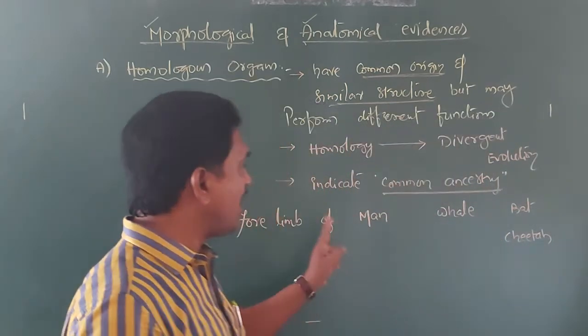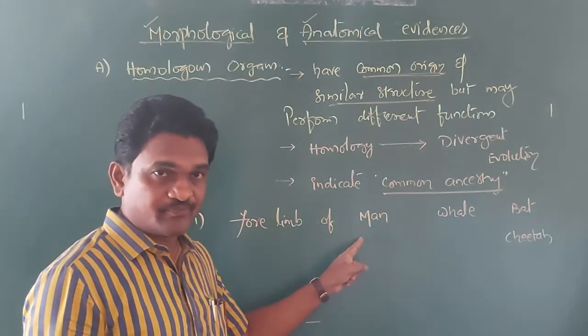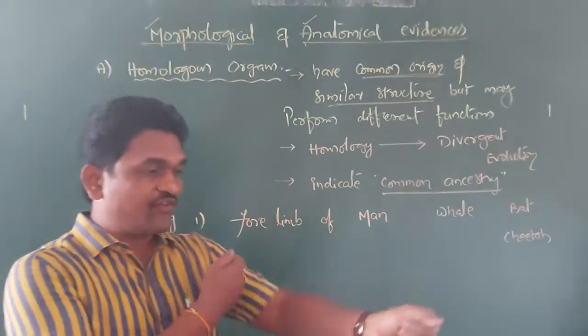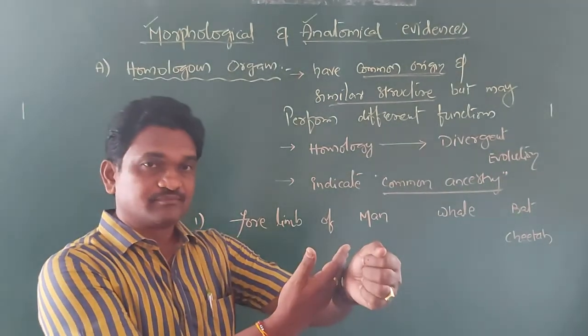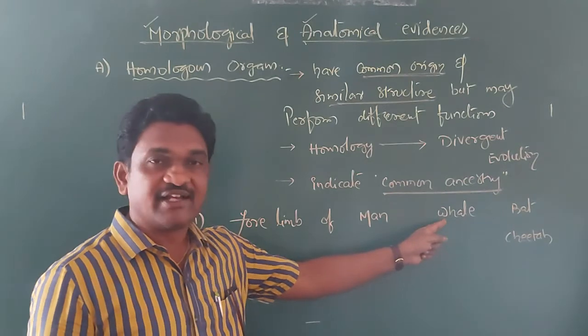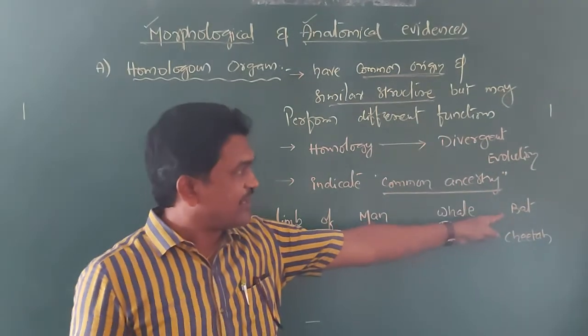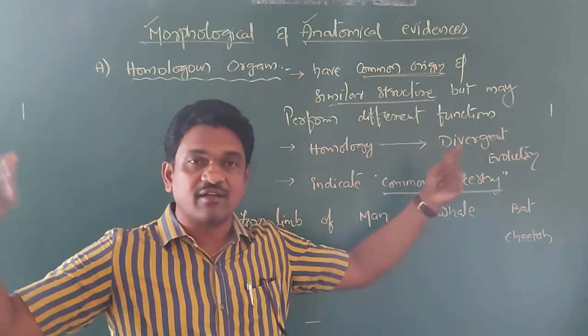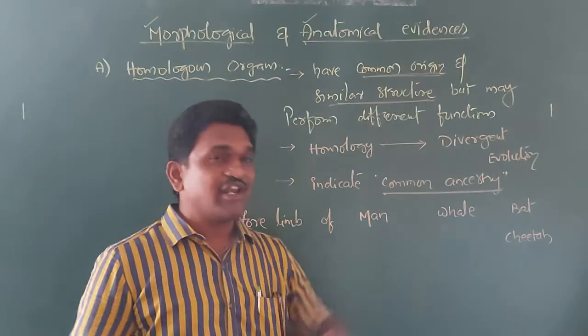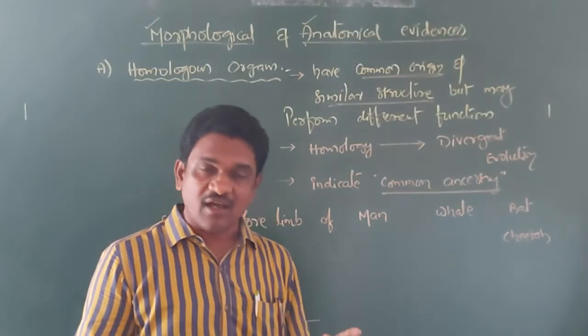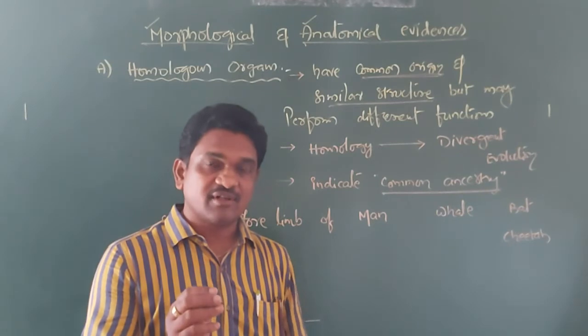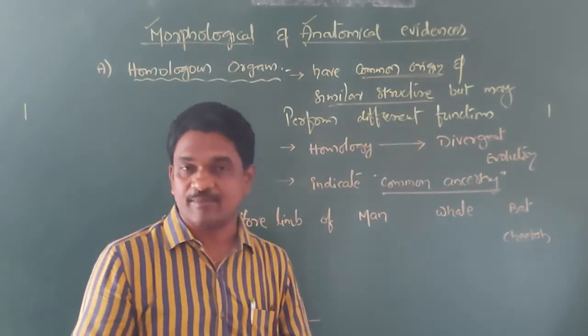Forelimbs in all these mammals are to be considered. Forelimb of man is nothing but the arm. Forelimb of whale is generally known as a flipper. Forelimb of bat is generally called a wing. Forelimb of a cheetah. Different functions are performed by them.